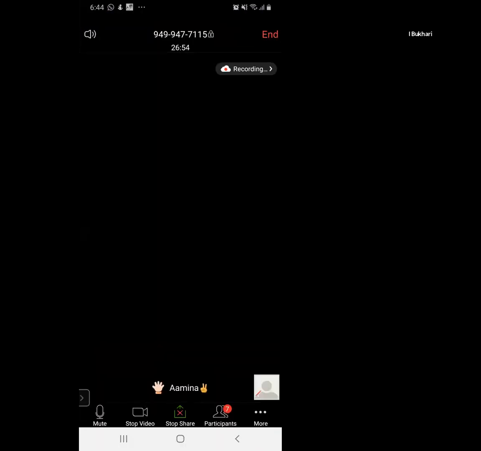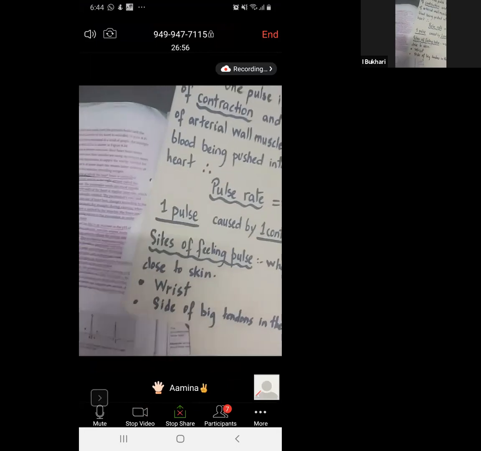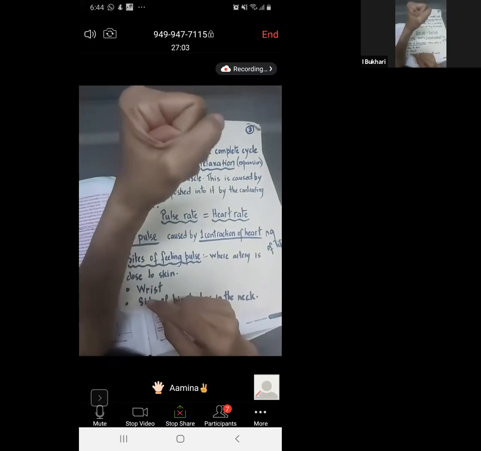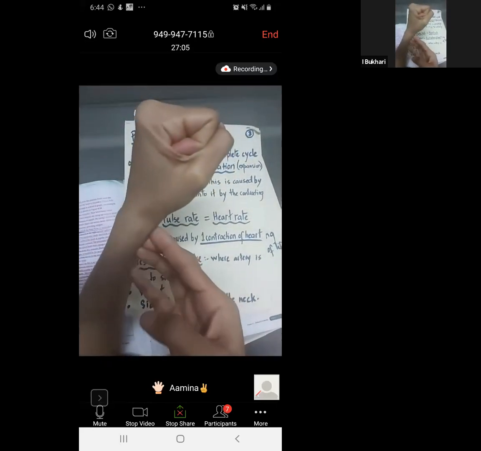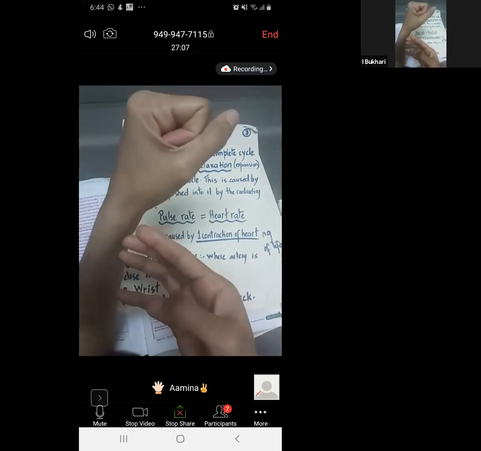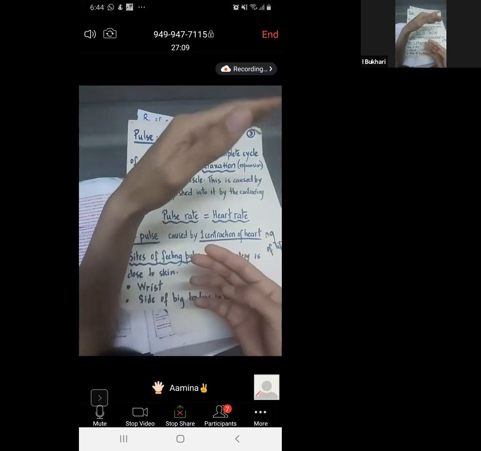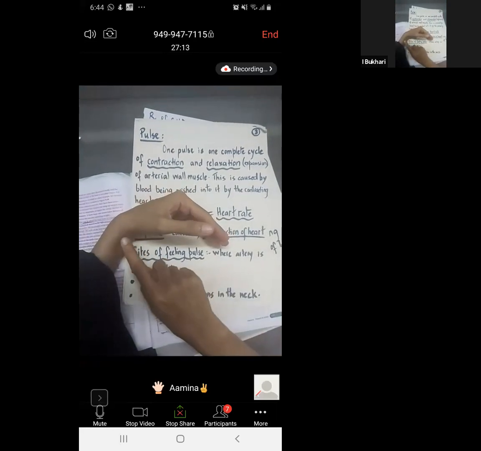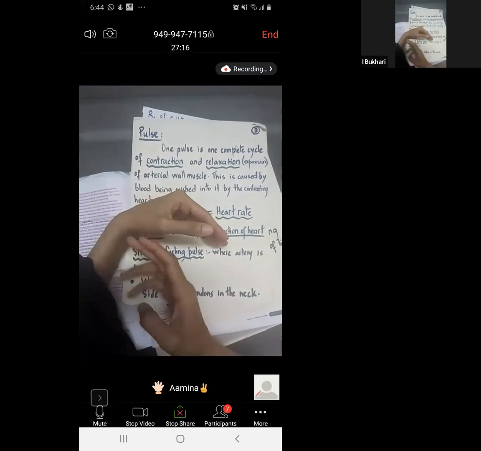Okay, now I am showing you, hold this camera for me. Like for example, this is my wrist. If my wrist is contracted like this, it will be difficult for anybody to feel my pulse. So I have to relax. And this flexed. Why flexed? Because I don't want this muscle to contract. This should be relaxed.